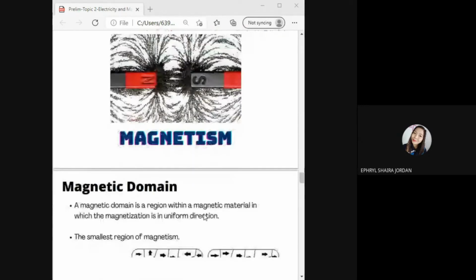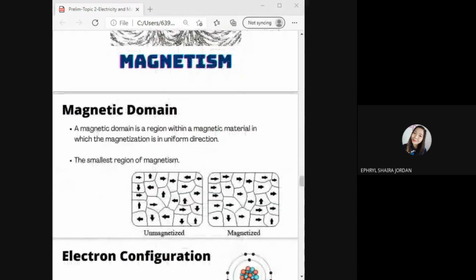So let's discuss magnetic domain. A magnetic domain is a region within a magnetic material in which the magnetization is in a uniform direction. This means that the individual magnetic moments, these arrows, of the atoms are aligned with one another and point in the same direction.